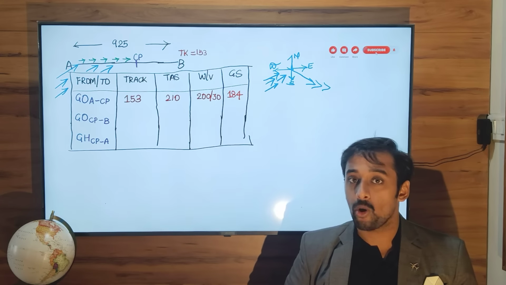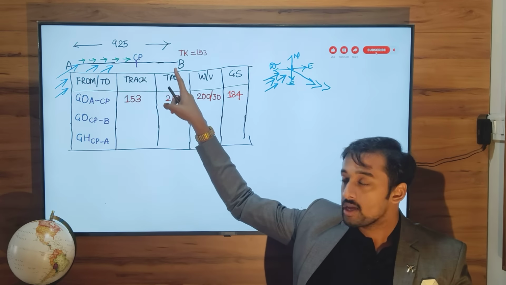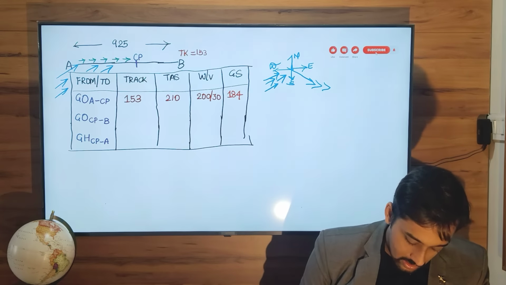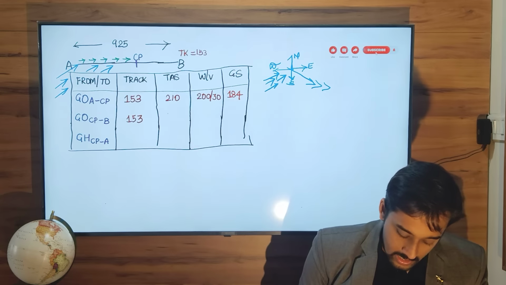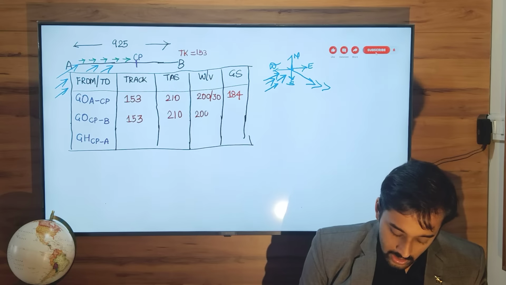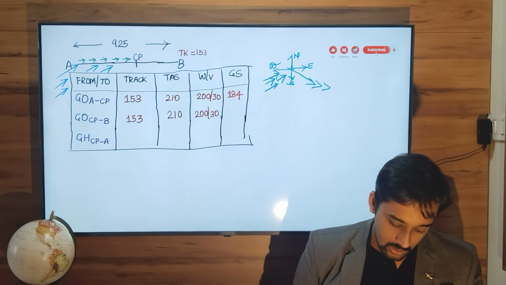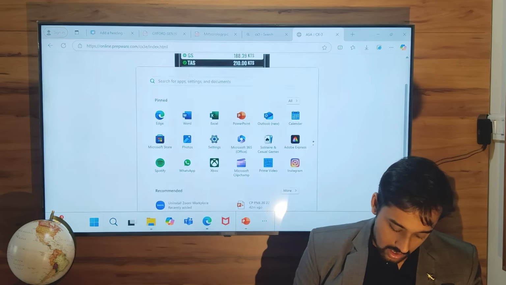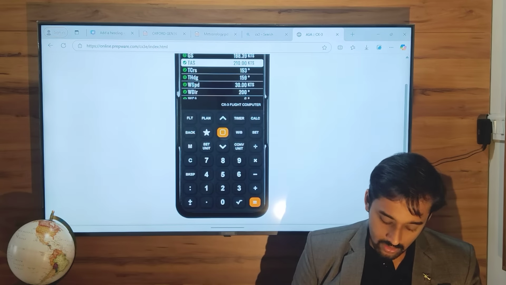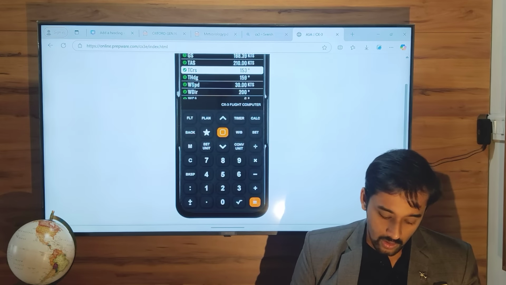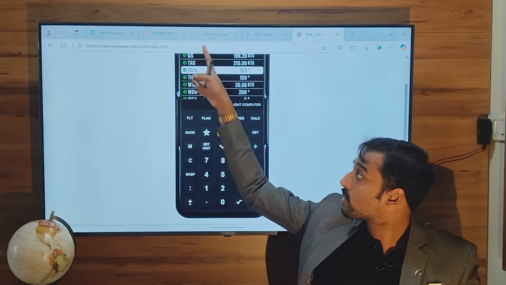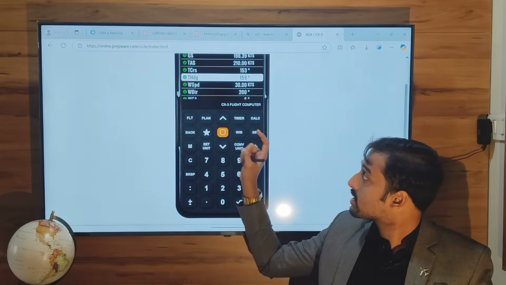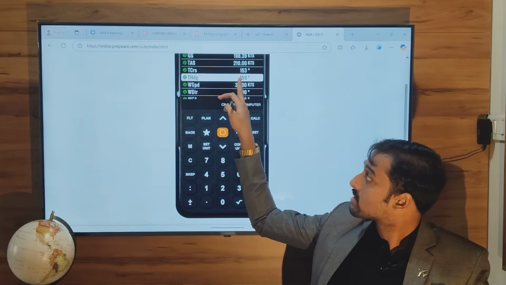When you are going from critical point to B, okay, critical point to B, the direction is what? 153. So write 153. The TAS is going to be the same. The wind velocity is going to remain the same. So now let's put these values from CP to B. Again change all this. TAS will remain the same, 210. Your true course will again remain the same, 153, because we are going from CP to B. Heading over here is 159.